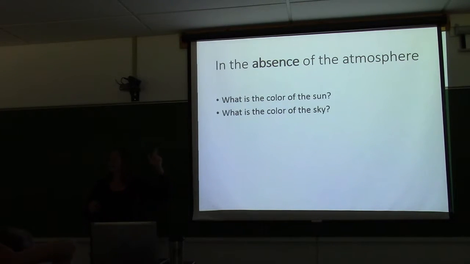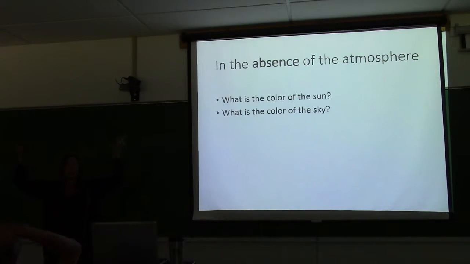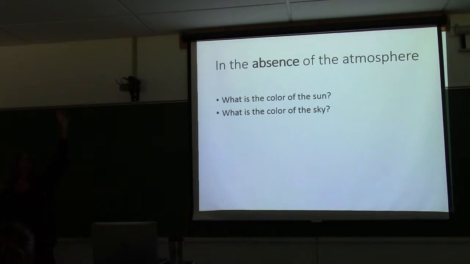Because the sky looks bright because the atmosphere is scattering light from the sun into the atmosphere. Does everyone see me there? So it would look like the sky looks from the space station. If you go back to my second slide, the sky is black. Okay? So the atmosphere is what gives us the blue sky. In the absence of the atmosphere, the sky would be black and there'd be a solar beam.